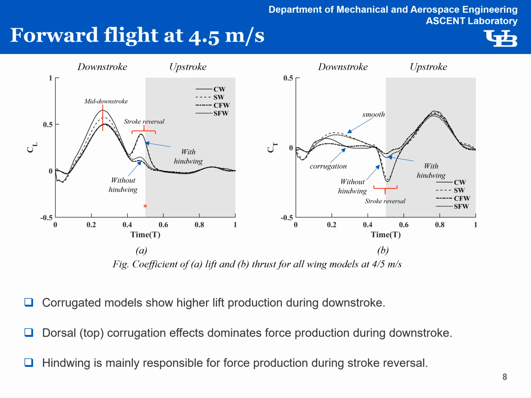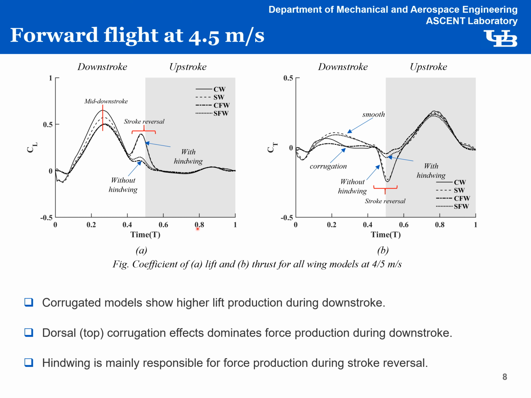Now during the stroke reversal, we see that there is a sudden drop in lift for the forewing models in absence of the hindwing. For the thrust production, we see that the forewing model shows an increase in thrust in absence of the hindwing.